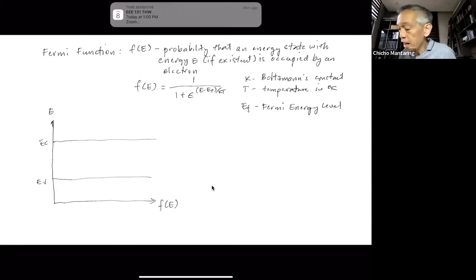At 0 degrees Kelvin, the plot of your Fermi function is going to look like this.